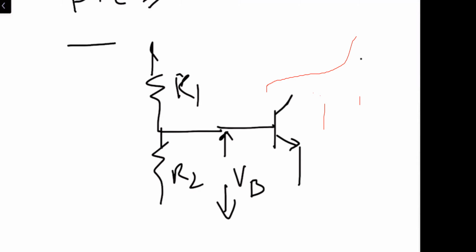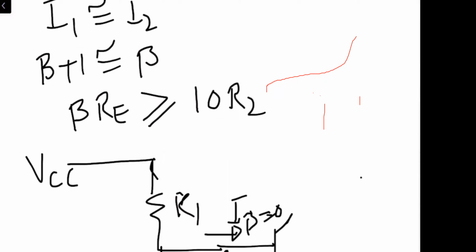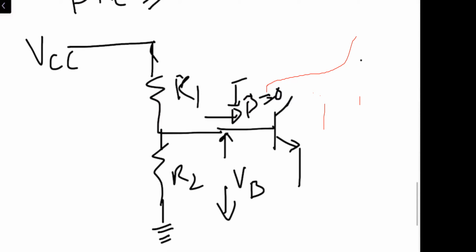And over here we have VCC, which is being provided, and R2 is being grounded. So we say IB is approximately equal to 0, and it will be the case when this condition is valid: beta times RE should be greater than or equal to 10 times R2. If this condition is valid, we can go ahead with the approximate method.